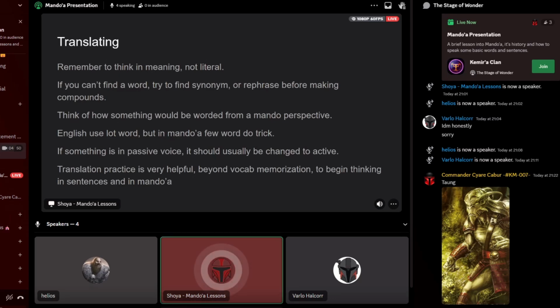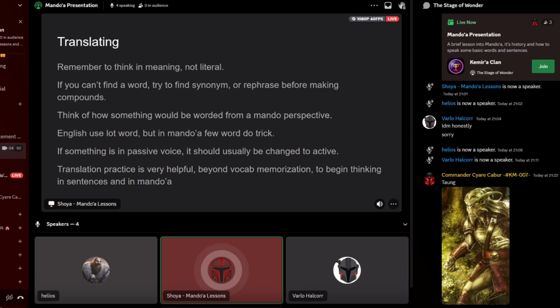And the meme: English use lot word, but Mando'a few word do trick. That's Mando'a. When proper Mando'a is translated literally into English, it looks like really broken English. And that's good, because that's how you know that your sentence isn't just a cipher, isn't just code for English.